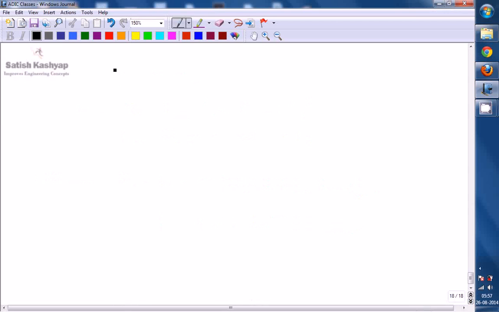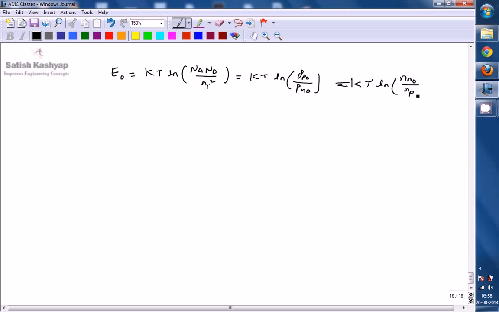So E naught is equal to, I am writing like this, E naught is equal to KT natural logarithm of Na Nd divided by Ni square, otherwise KT natural logarithm of Pp naught divided by Pn naught, that is equal to KT natural logarithm of Nn naught divided by Np naught.